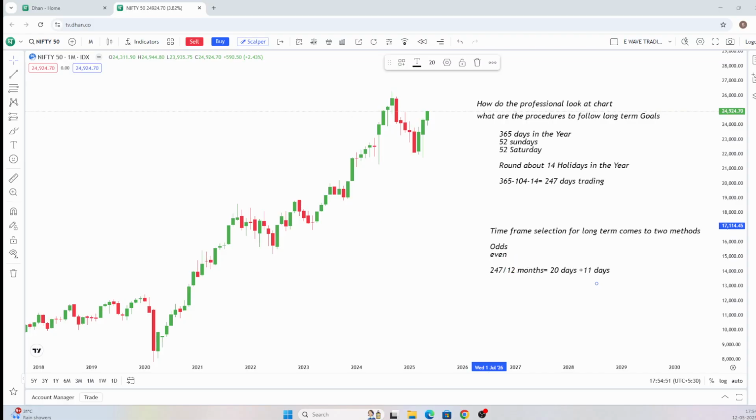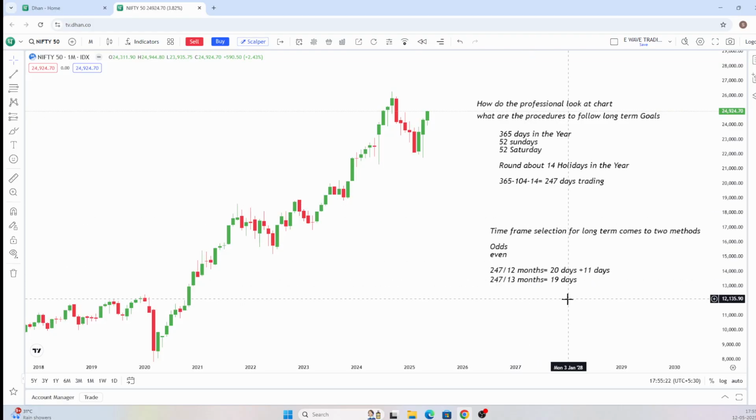We also go for the odd selection. For example, 247 divided by 13 months will give you 19 days. Here this odd selection will help us remove complex patterns and turn them into simple patterns when we are looking at the patterns.